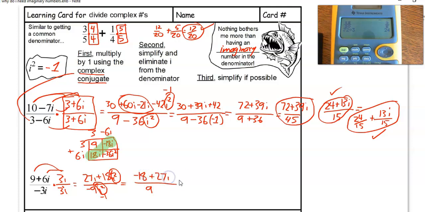And I'm hoping that you look at those and see that all 3 of those are divisible by 9. So that's negative 2 plus 3i over 1. And I certainly don't have to include the 1. That's negative 2 plus 3i. I divided or reduced that entire set by dividing every term by 9. All right, take a deep breath and go try some of those problems.